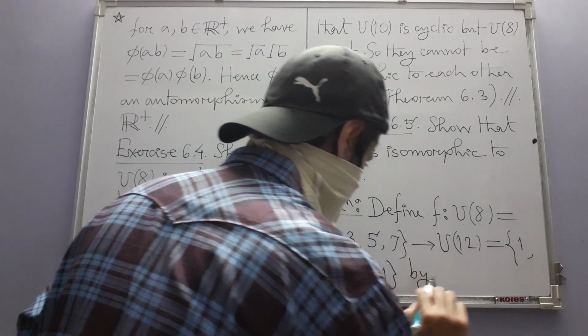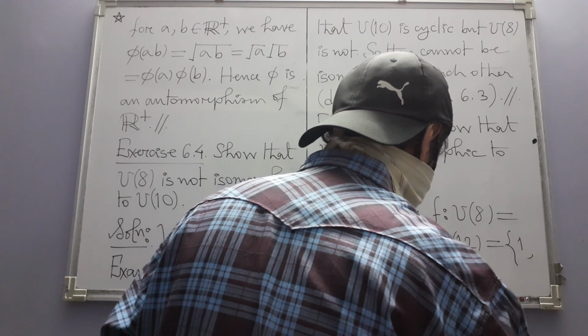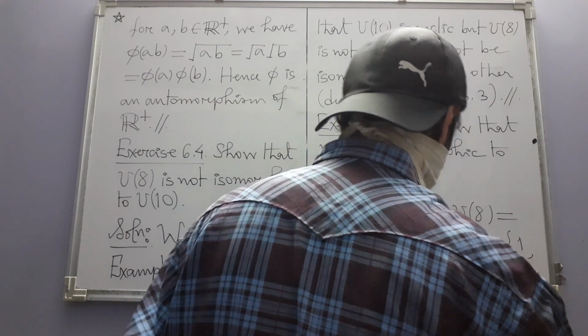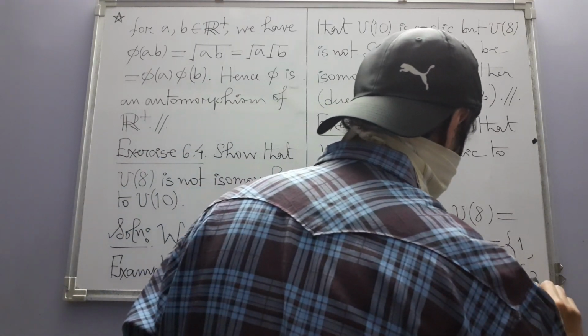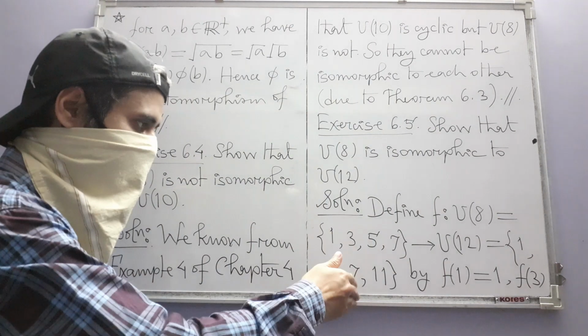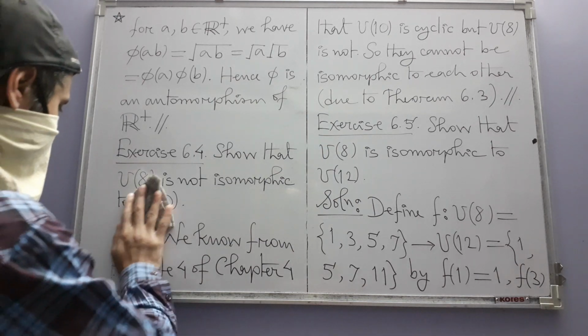By these formulas, f of 1 is defined to be equal to 1, then f of 3 is defined to be equal to, that is, we just maintain the order and define the function like that.